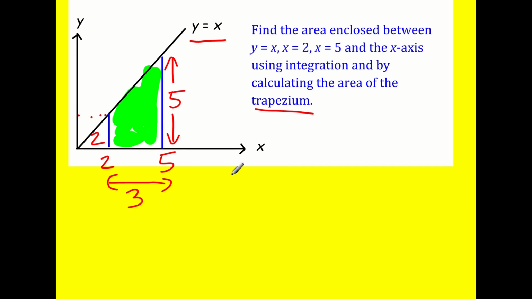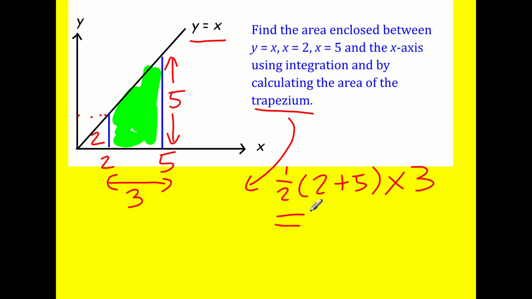Okay, so the trapezium, if I do that first of all, is going to be a half times 2 plus 5, times 3. That's going to be 7 times 3, 21, divided by 2, 10.5. We're not working in centimeters or anything here.